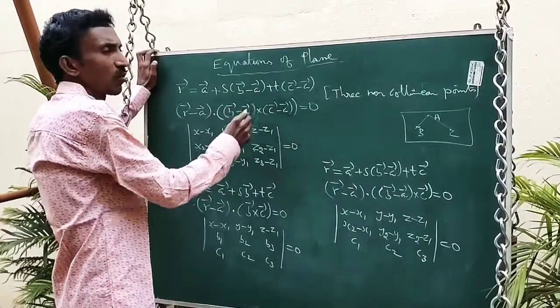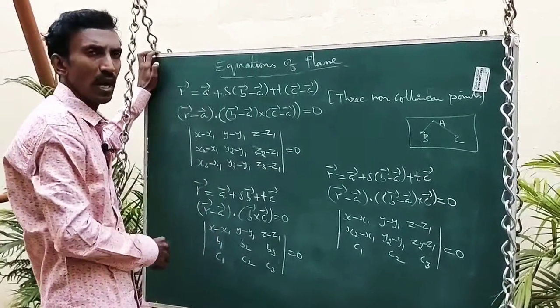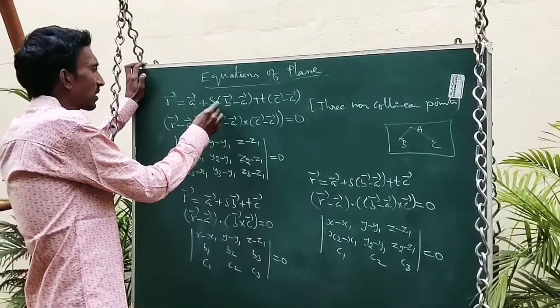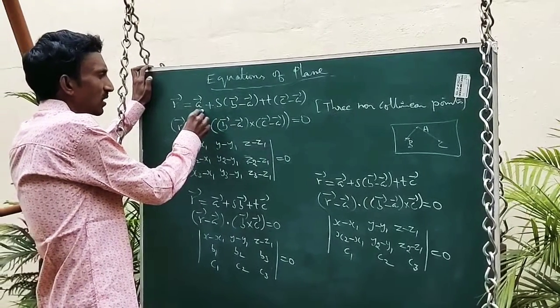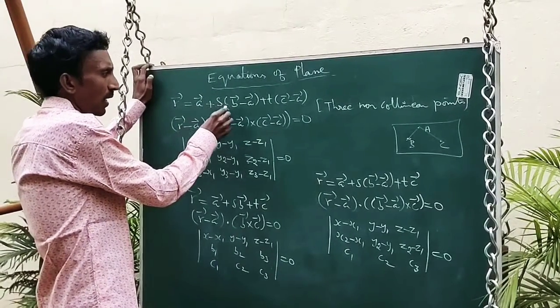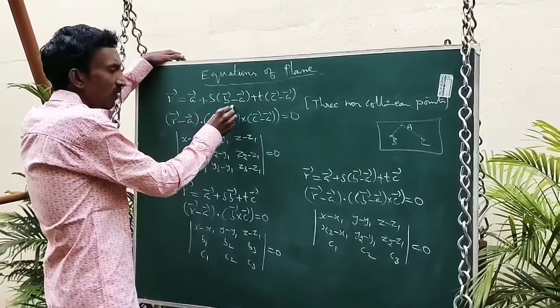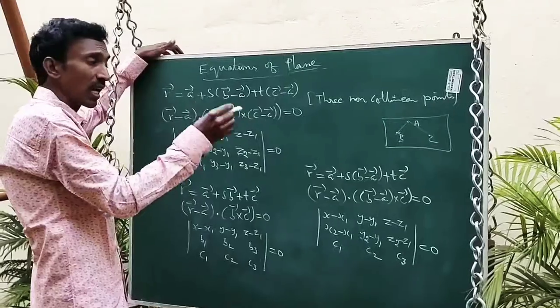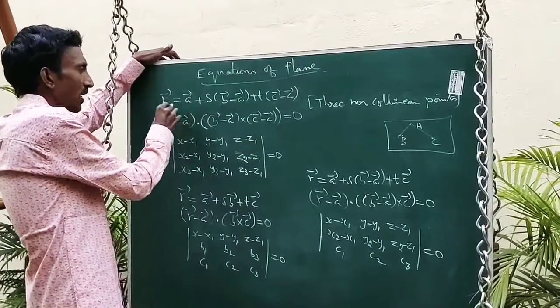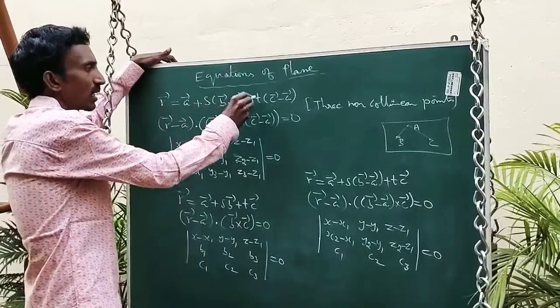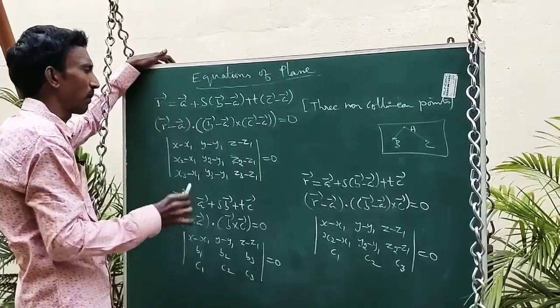Two parameters are involved. That's why it is called the parametric form. We can rewrite this as R vector equal to (1 minus S minus T) into A vector plus S B vector plus T C vector. Both are the same.